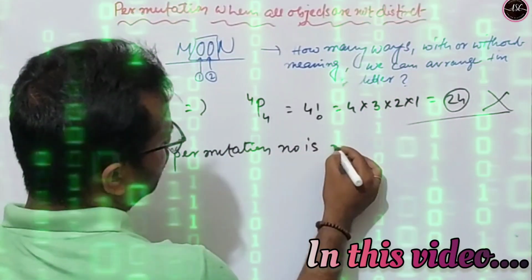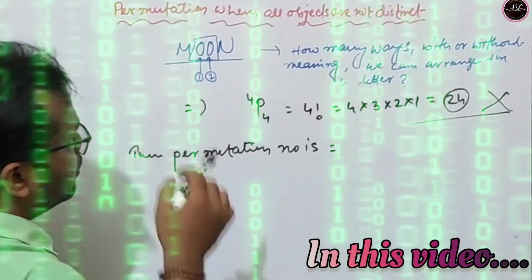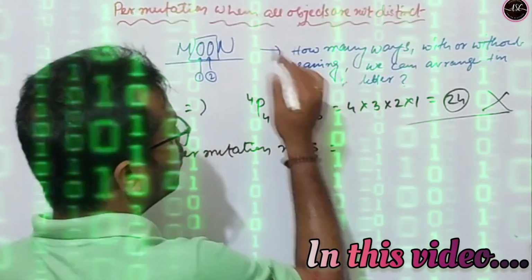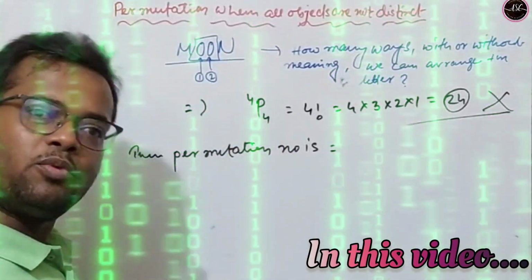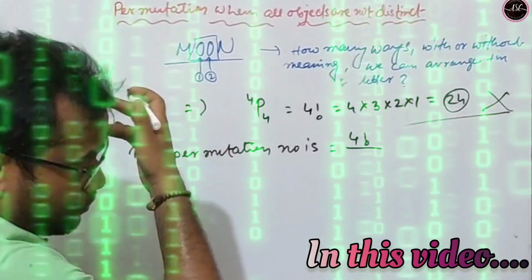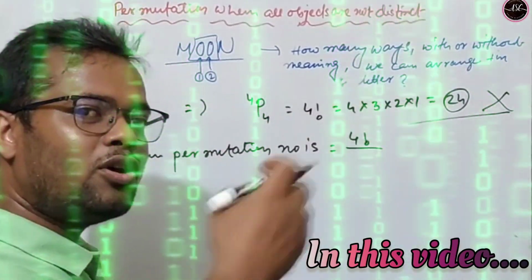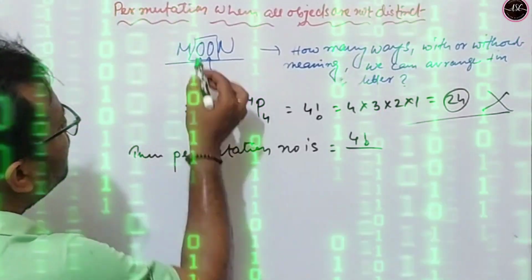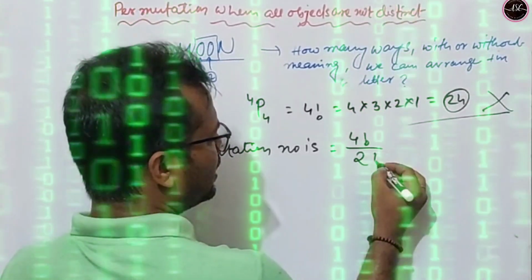Just write the total number as a factorial. Here the total number of letters is 4, so write 4 factorial, and just divide by the factorial of the number of times a letter occurs, twice, thrice, or more. Here O occurs 2 times, so just write 2 factorial.